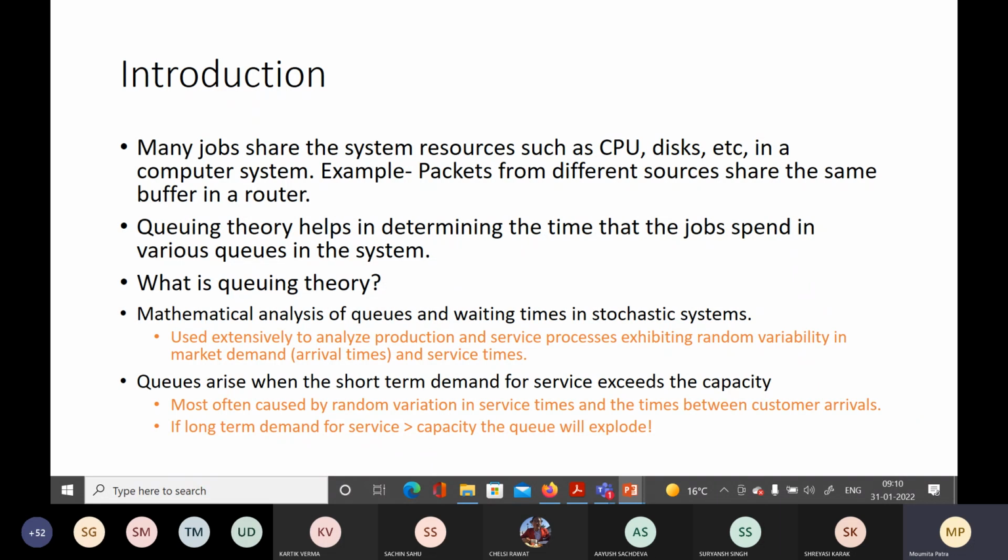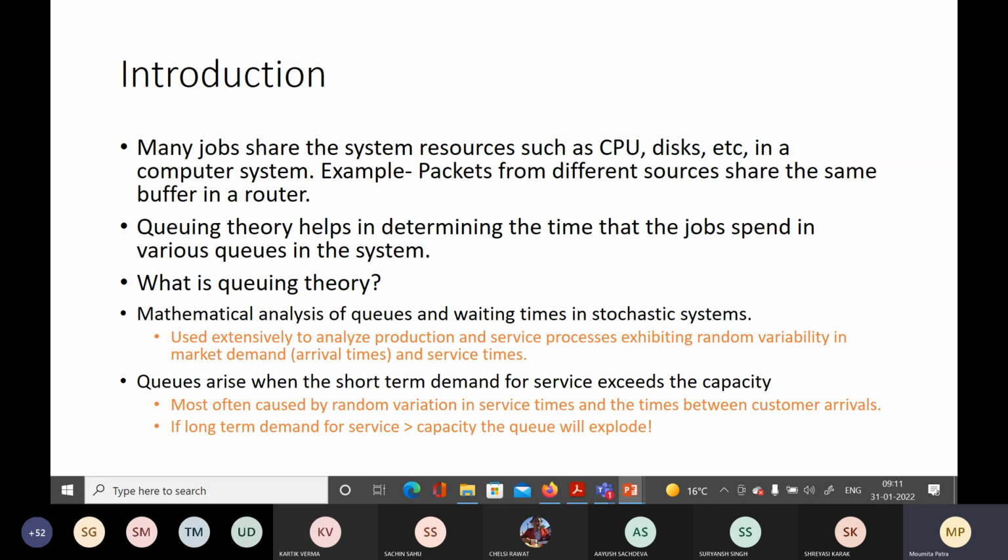For example, there will be many jobs sharing system resources: your CPU is getting shared, disk space is getting shared, etc. Those systems will also have waiting, and they can also be modeled with the help of queuing theory, and one can find out the average delay in those cases.